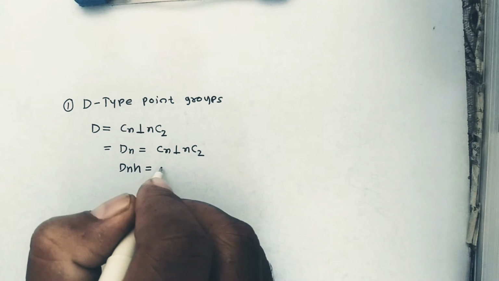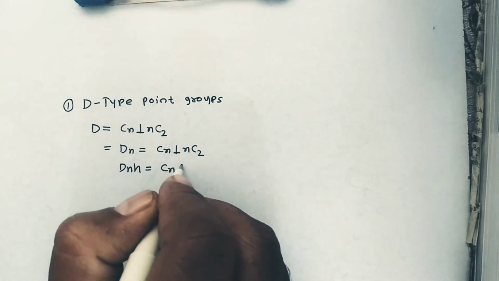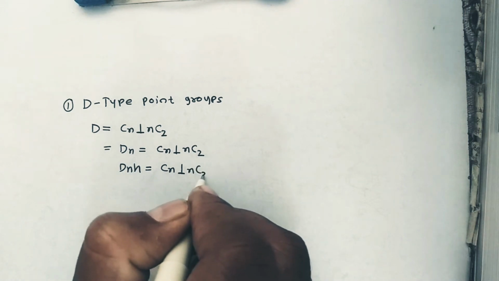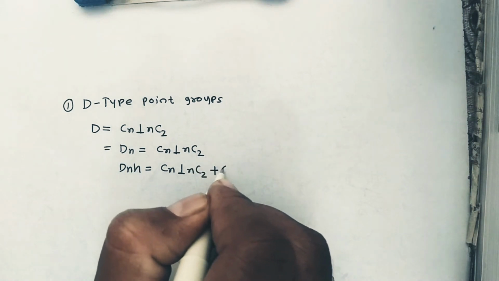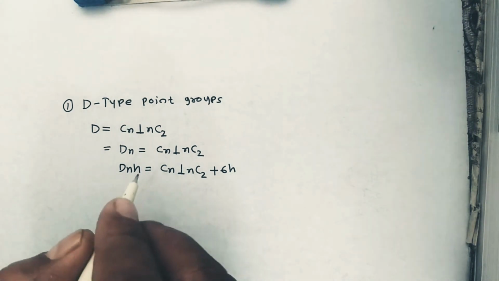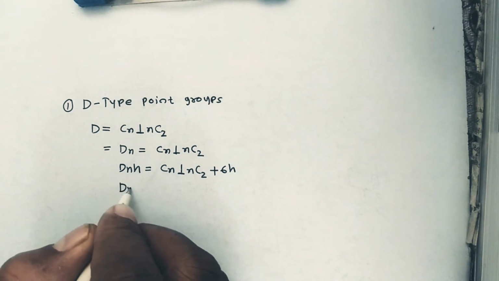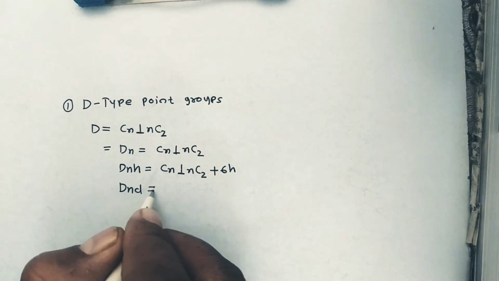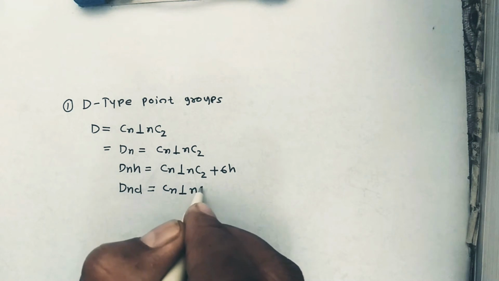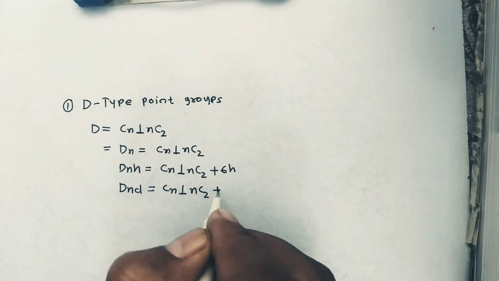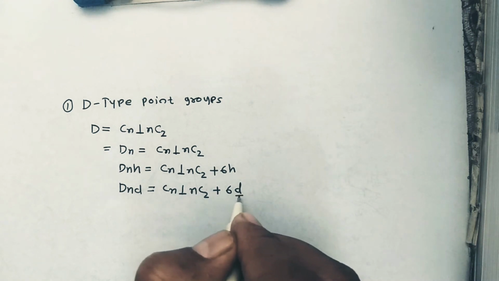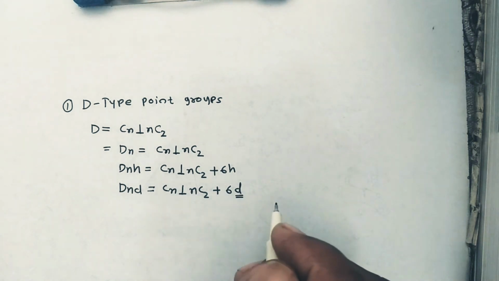For Dnh there should be Cn perpendicular to nC2 plus sigma h, that is the horizontal plane. For Dnd the definition is Cn perpendicular to nC2 plus sigma d, that is the dihedral plane.